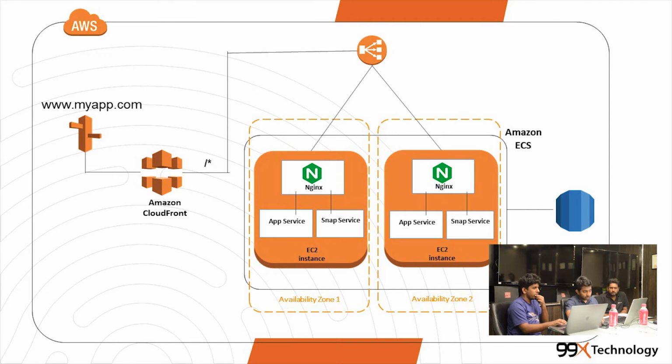In order to communicate with them, we have to export a port from our instance to the container. The problem with the old load balancer, and I'm talking about the old one, I will get to the new one after this, is that it cannot cater for multiple ports on a single EC2 instance. If I want to access this app service, there should be one port. If I want to access the snapshot service, there should be another port. This didn't really work with the old load balancer.